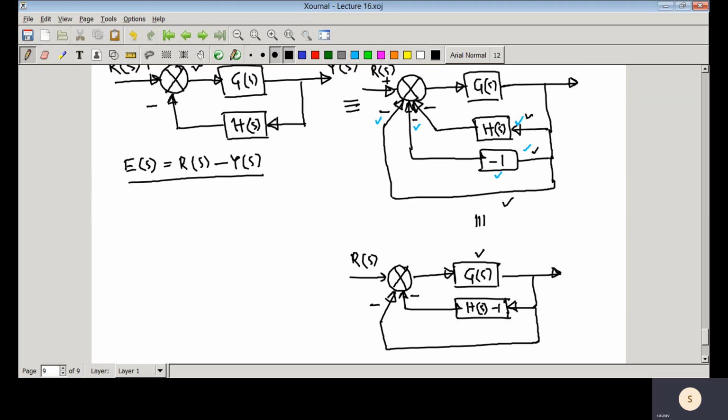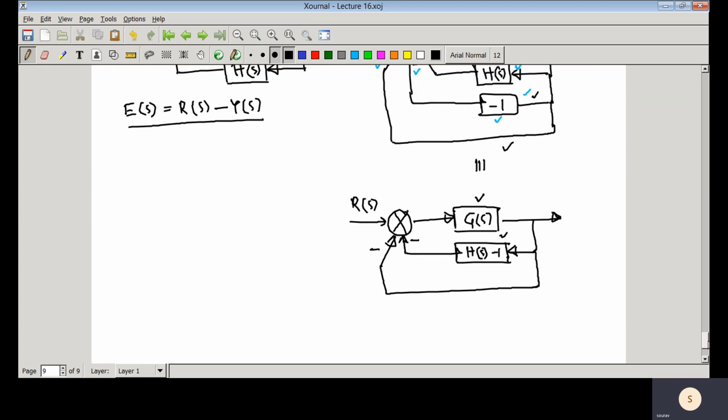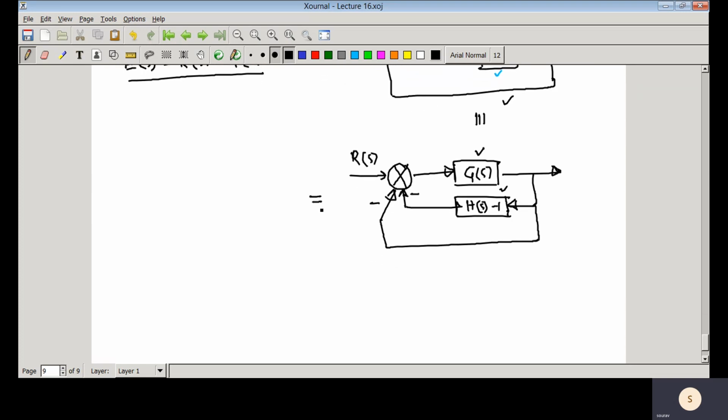So now we can see that this one and that one, there with that feedback, so easily we can simplify it.